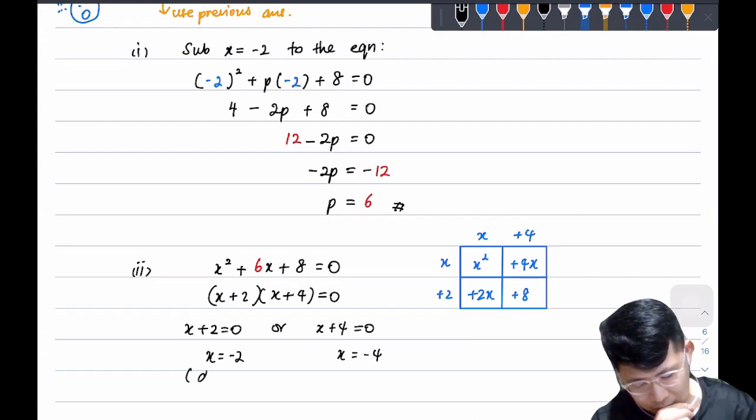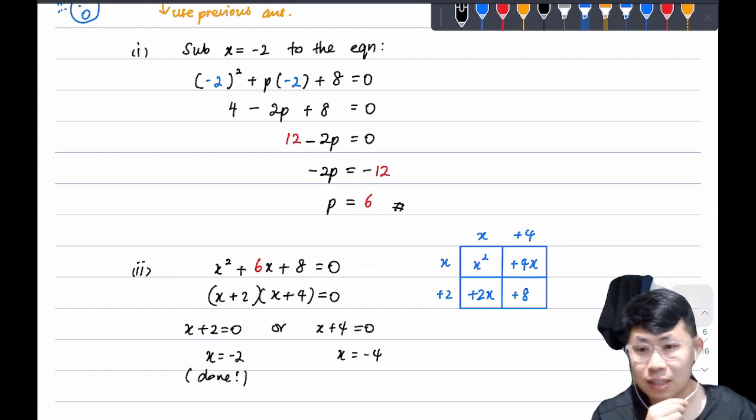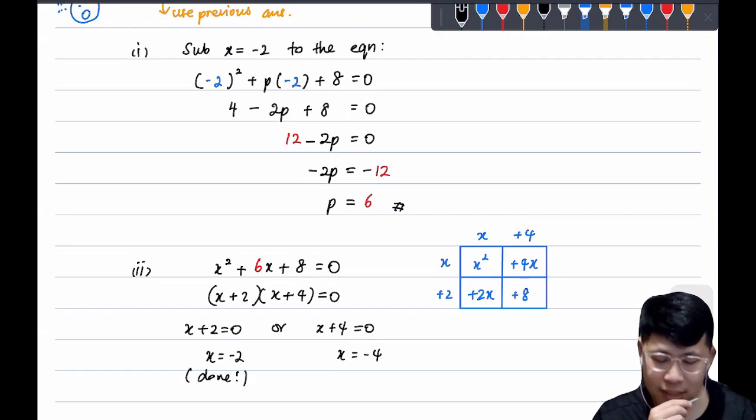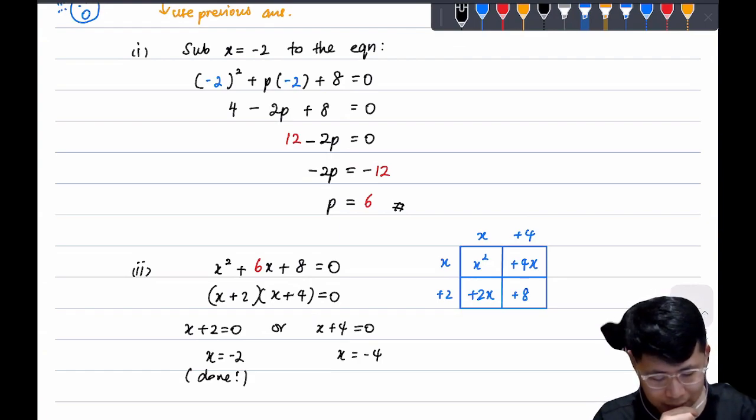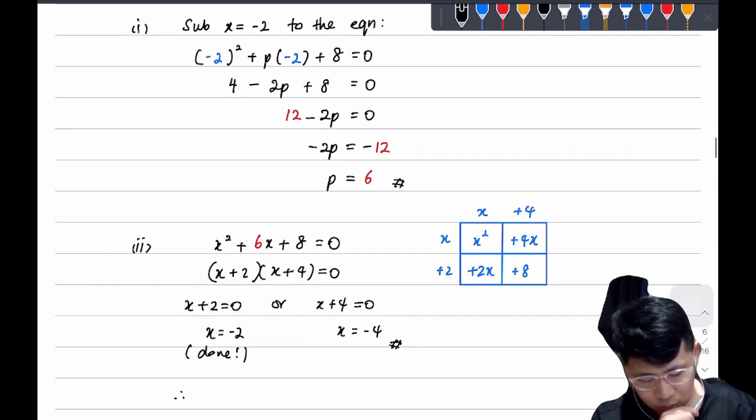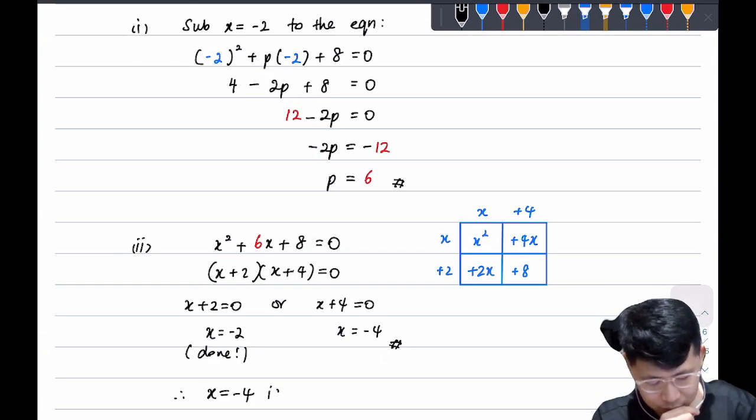This one is already done, it's from the previous solution: x equals negative 2, right? But x equals negative 4 is the other solution. So if you want to restate it properly, x equals negative 4 is the other solution.